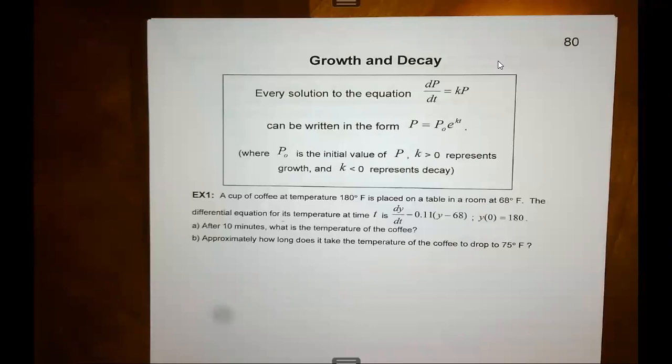Now this material today, the Growth and Decay, it follows directly from the notes that you had last week for 7.9 on separation of variables and differential equations.